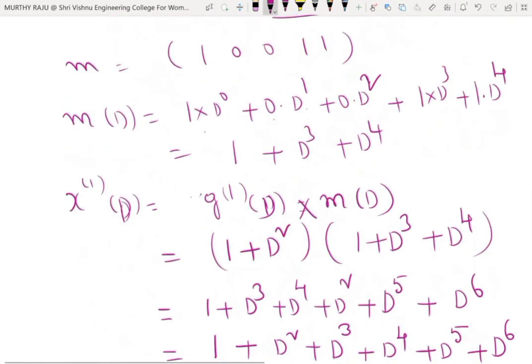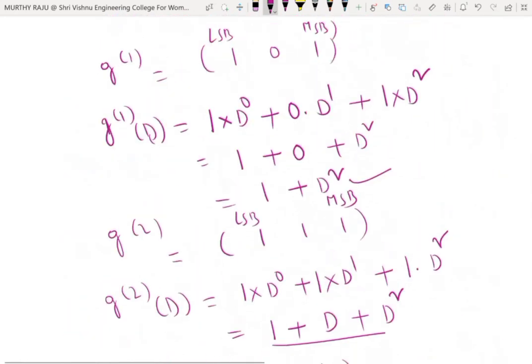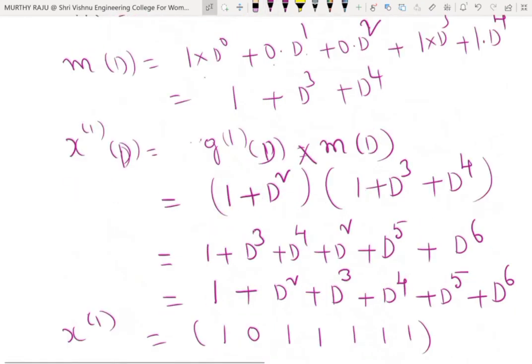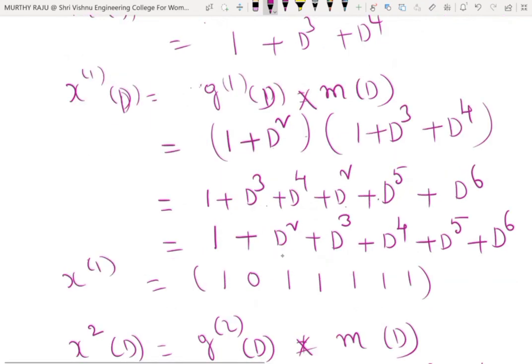g of 1 of d is 1 plus d square. 1 plus d square is multiplied with 1 plus d cube plus d power 4, giving d square, d power 5, d power 6. 1 plus d cube, d square, d cube.